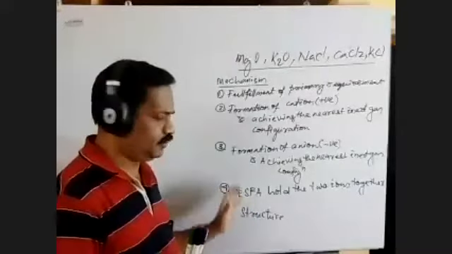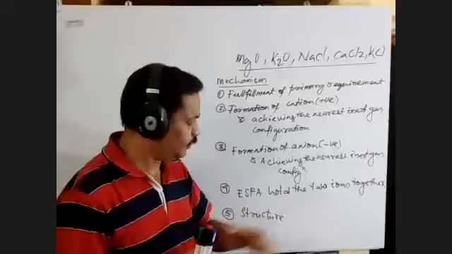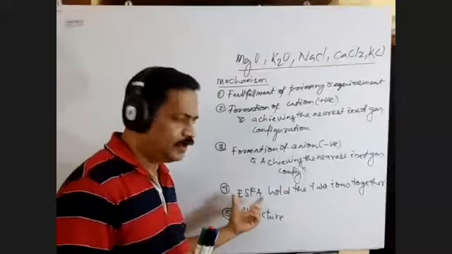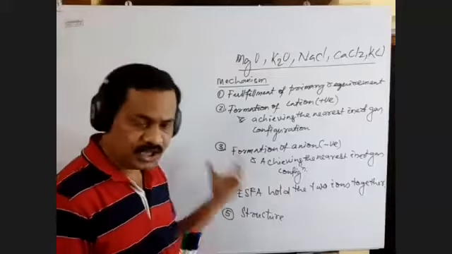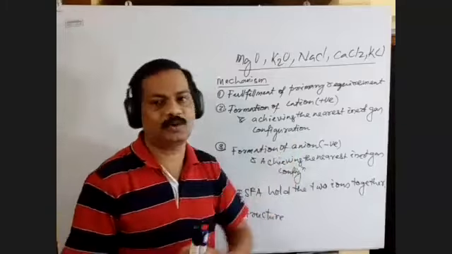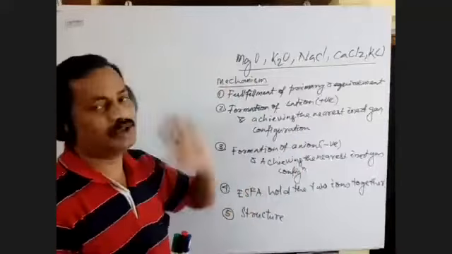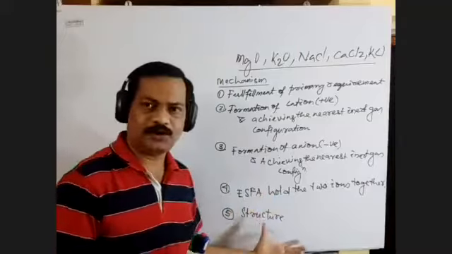The fourth point is holding the two ions by a strong electrostatic force of attraction. This electrostatic force of attraction, which is holding the two ions together, we call a chemical bond. Then we are going to draw the structure.